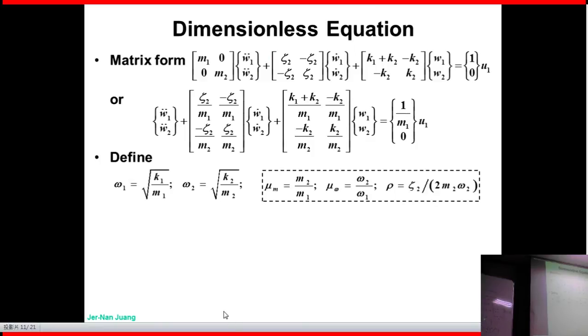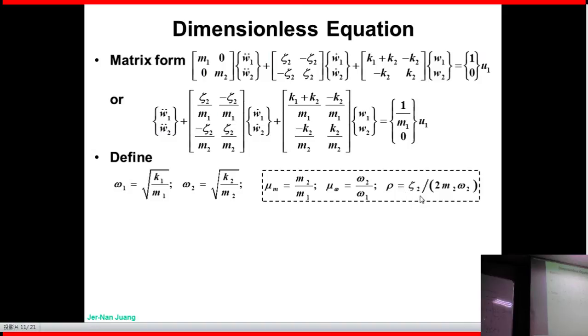And then we have mu m, that's m2 divided by m1, which is dimensionless. That means your tuned mass divided by your system mass. Makes sense, right? And then mu omega is omega 2 divided by omega 1. That makes sense, right? That's also dimensionless.